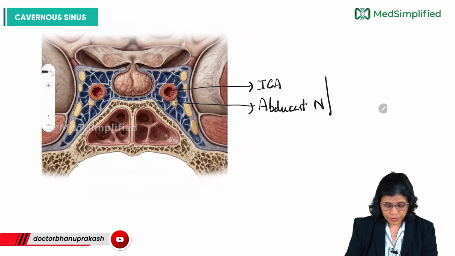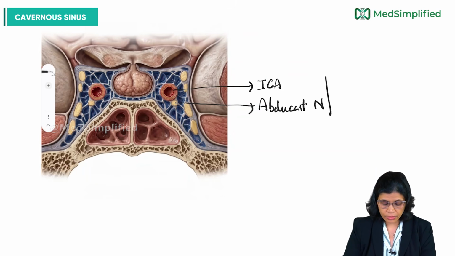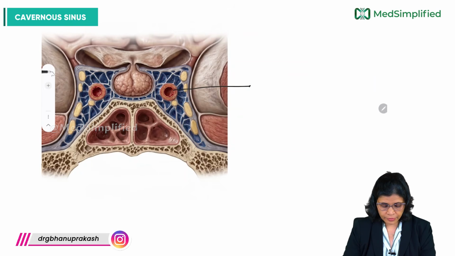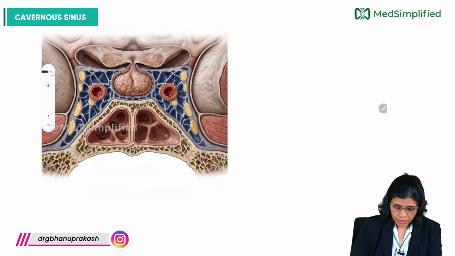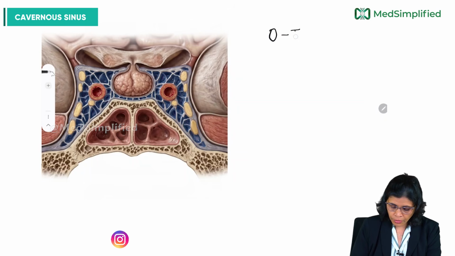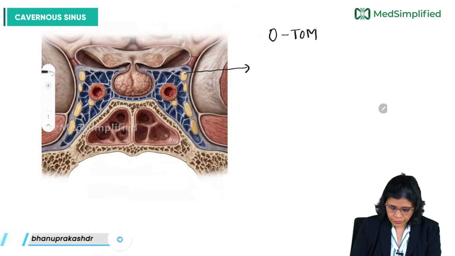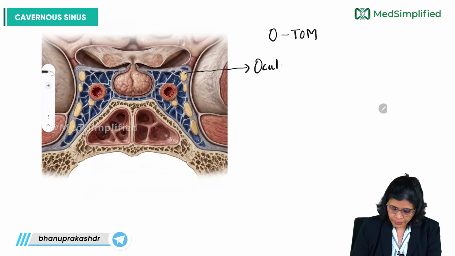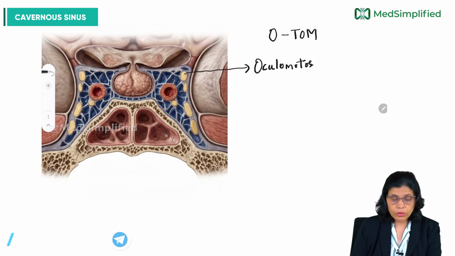Now what are the structures we see in the lateral wall? Within the lateral wall, from above downwards, to remember that, remember O-T-O-M. First, O is for the oculomotor, which is the 3rd cranial nerve.